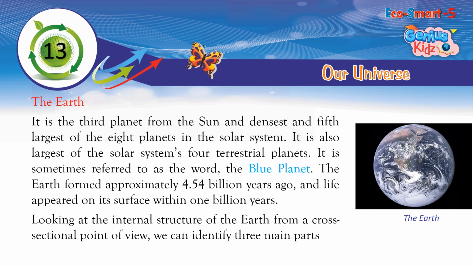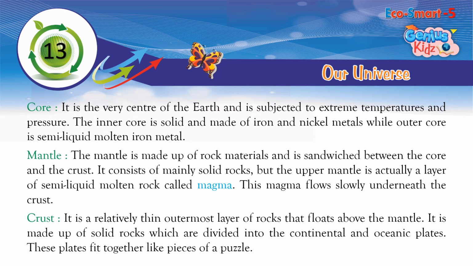Looking at the internal structure of the Earth from a cross-sectional point of view, we can identify three main parts. Core. It is the very center of the Earth and is subjected to extreme temperatures and pressure. The inner core is solid and made of iron and nickel metals, while the outer core is semi-liquid molten iron metal.